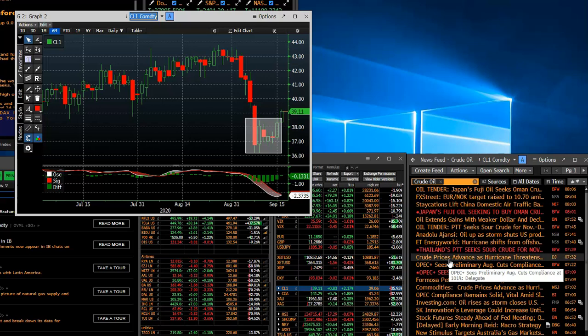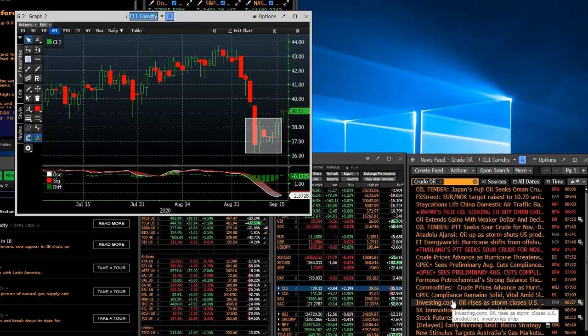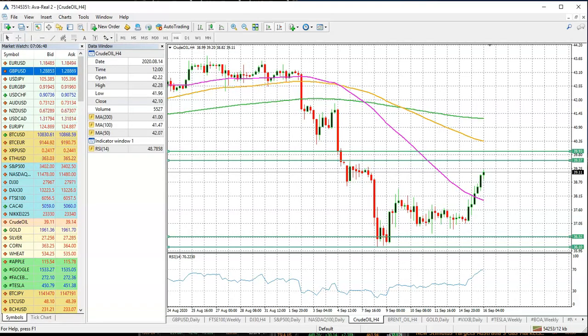So all of this, from a fundamental and news perspective, is pretty much good. Another headline from Bloomberg is that compliance remains solid, again confirming the same narrative. So now let's move on to the MT4 platform and look at the price action from that perspective.